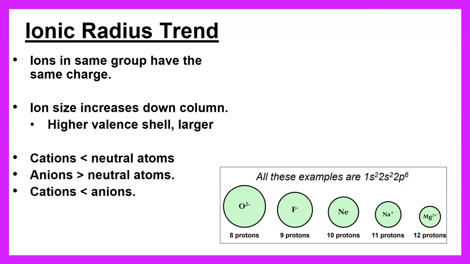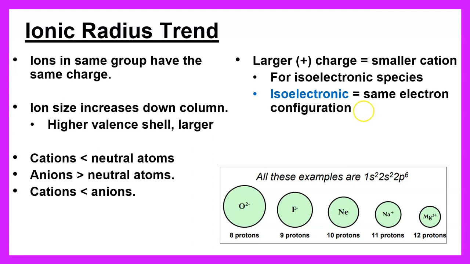And now they're being pulled in closer because the protons can pull on fewer electrons. Your anions will be bigger than the neutral atom because they have an extra electron. There's a little bit more repulsion, so they get a little bit bigger. The nucleus can't pull on one more electron quite as much, right? So it's bigger. And we tend to see the cations are smaller than the anions.